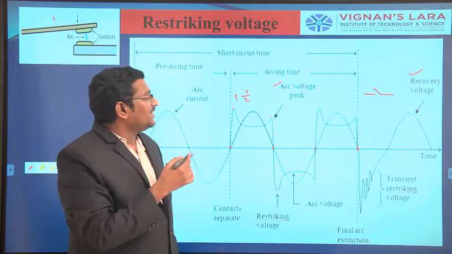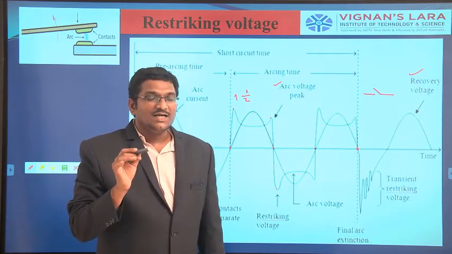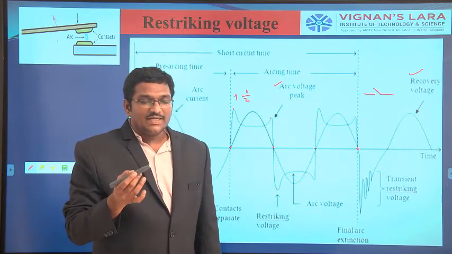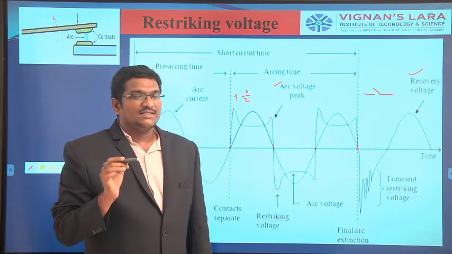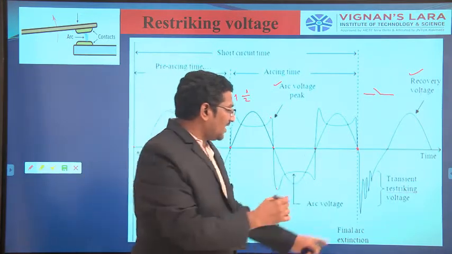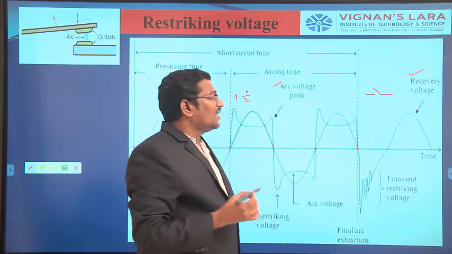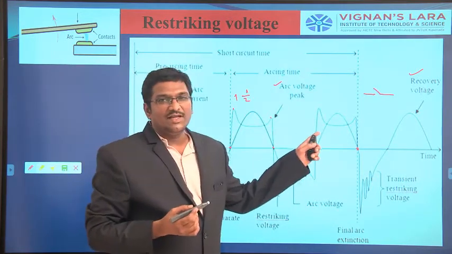Now, to define the restriking voltage, an arc should be there and you also have to see the zero crossing of the current. At that time, the voltage that appears across the circuit breaker contacts is called the restriking voltage. This voltage decides your arc extinction. The recovery voltage means that after the arc is extinguished completely between the fixed contact and moving contact, the voltage that appears across the circuit breaker contacts is called the recovery voltage.